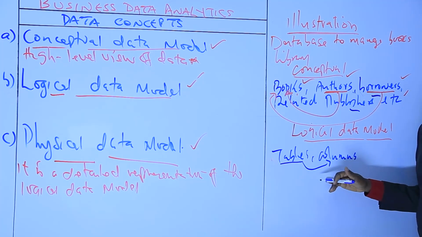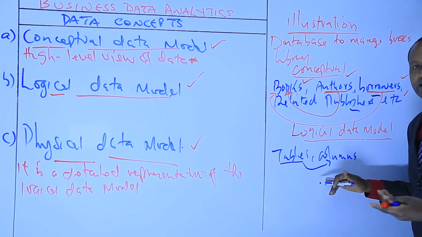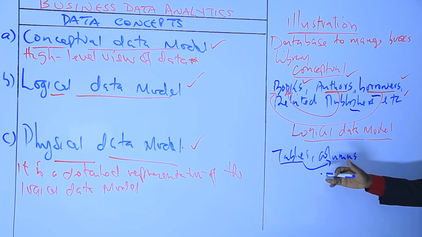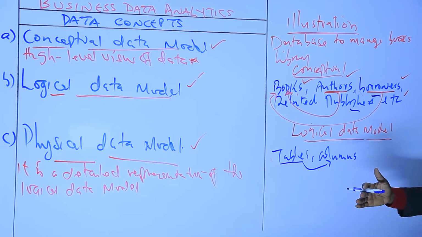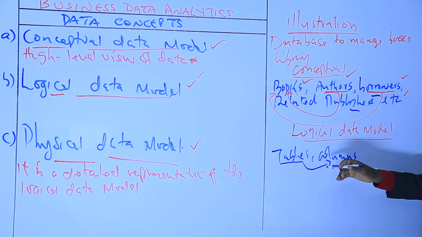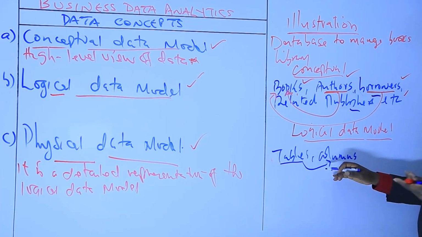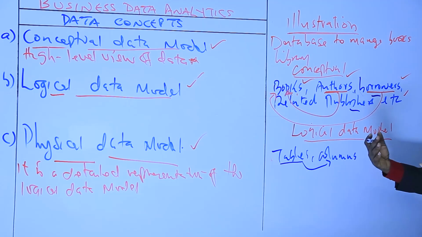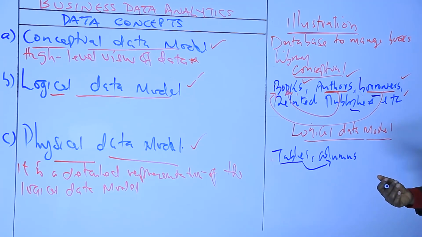We may have the book titles. We may have the author identities. We could have publishers' identities, and so on. So those are details. And the relationship between tables, the tables containing books, authors, borrowers, and publishers, would be defined using different keys.